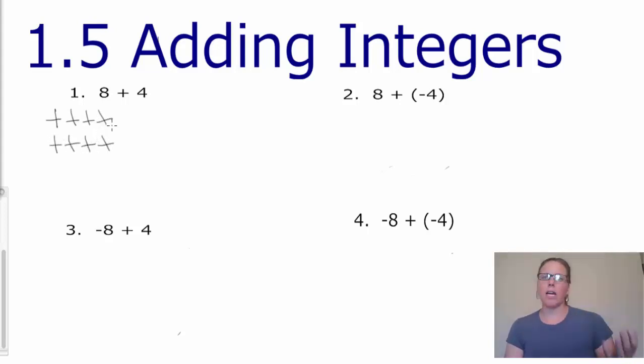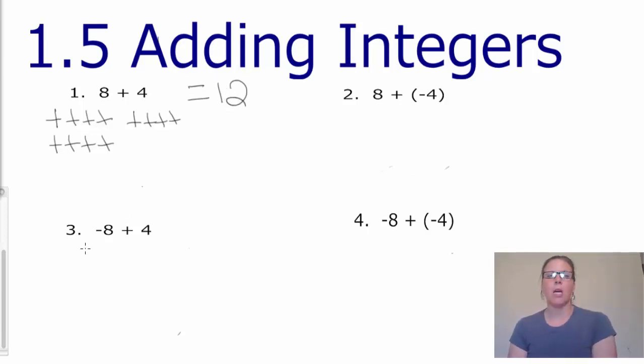I know this is very elementary, but I'm just trying to get the point because when we get to the negatives, it gets a little bit more confusing. So we have 8, and then we're just going to add 4 more. So we're left with 9, 10, 11, 12 positives. So that means our answer, 8 plus 4, is 12. Again, I know everyone in this class knows what 8 plus 4 is, but I'm just using it as an example.